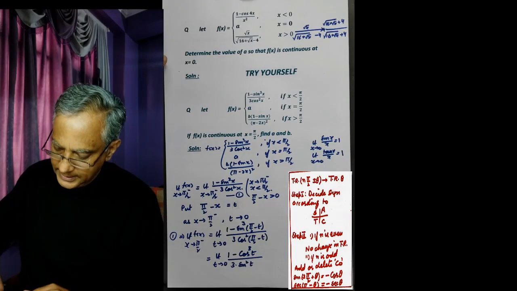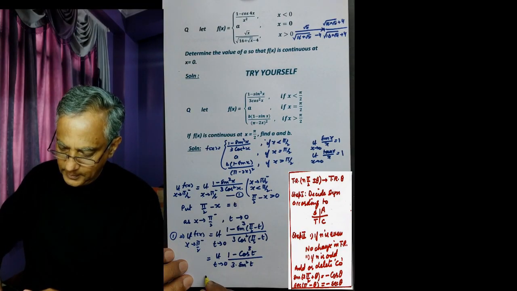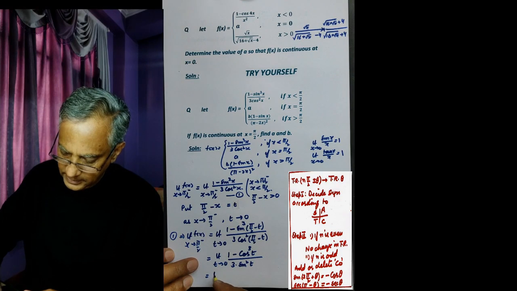So this is equal to limit t approaches 0.